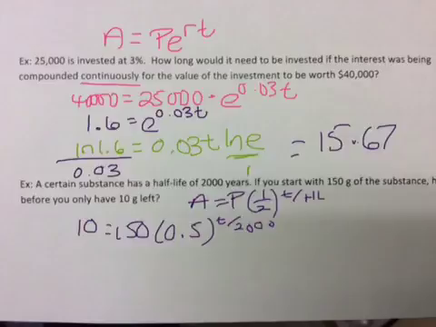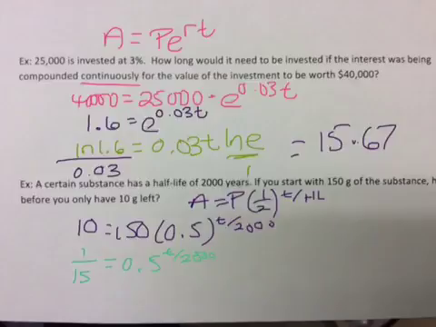Okay, so this is just like before. With any other exponential problem, we're going to divide both sides by 150. So we're going to be left with a gnarly fraction. So I'm going to leave it at 1/15. That's 10 over 150, just simplified. Equals 0.5 to the power of t over 2,000.